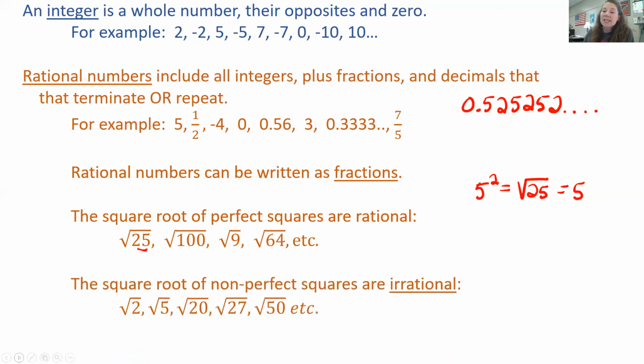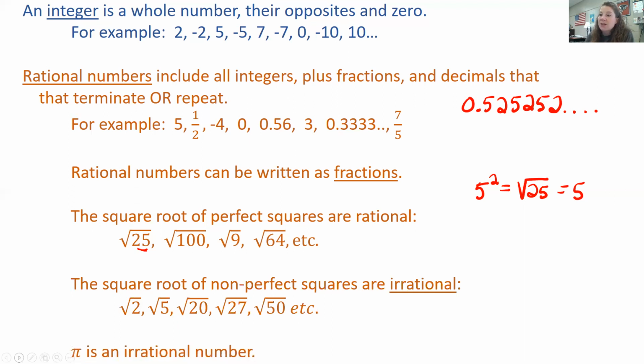But if you have a number that's not a perfect square, like 2, 5, 20, 27, 50, there's no number times itself that equals 2. There's no number times itself that equals 5, so on and so forth. So if you're ever asked what is the square root of a non-perfect square, that is an irrational number. It's a decimal, it goes on and on forever, and it doesn't repeat in any pattern.